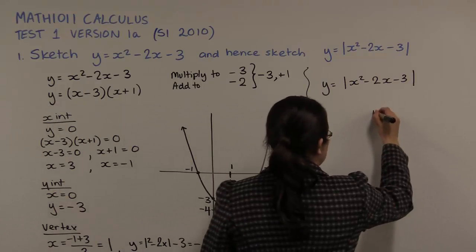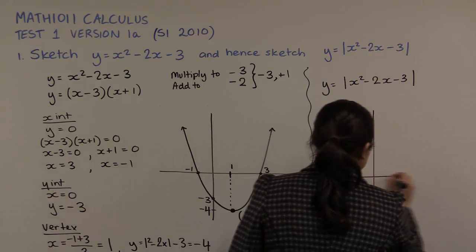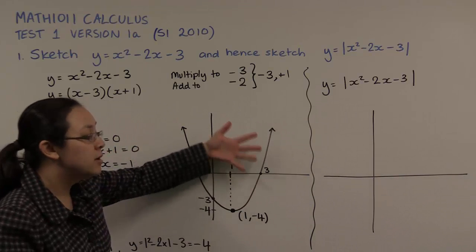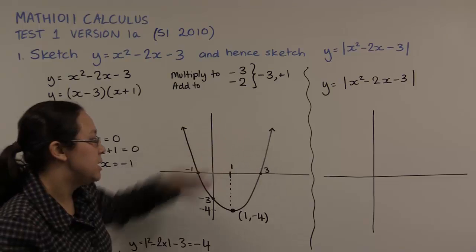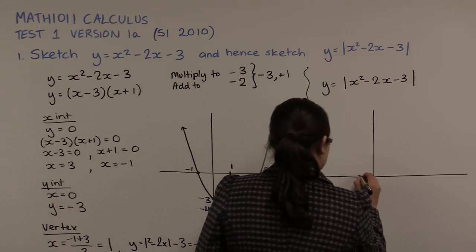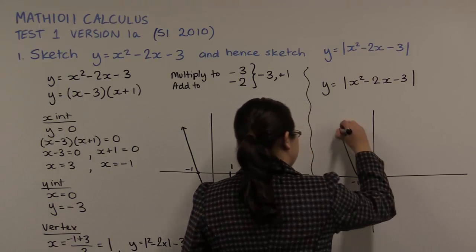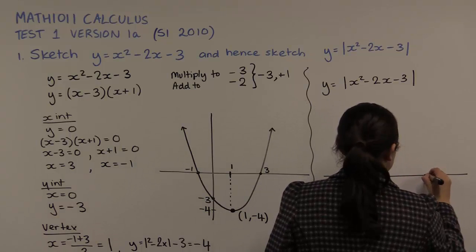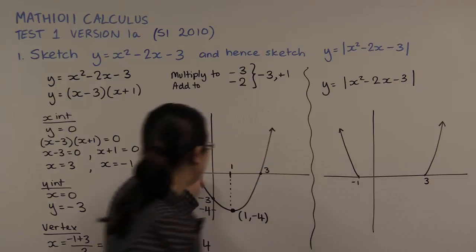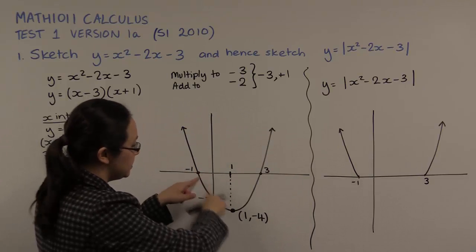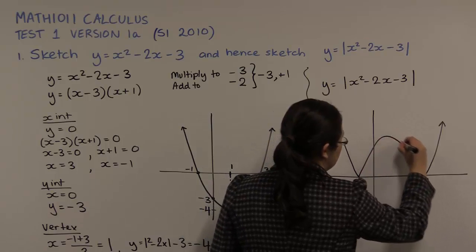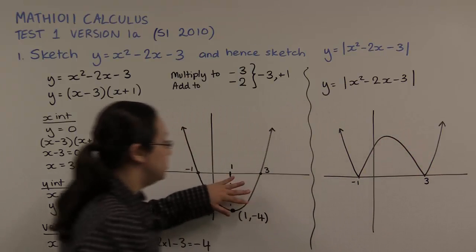So when we sketch graphs like this, what we're doing is we're reflecting any negative section of the graph about the x-axis to make it positive. So from minus 1 and to the left and from 3 to the right, these parts are going to stay the same, but this section in the middle we're going to reflect and it's going to become positive.